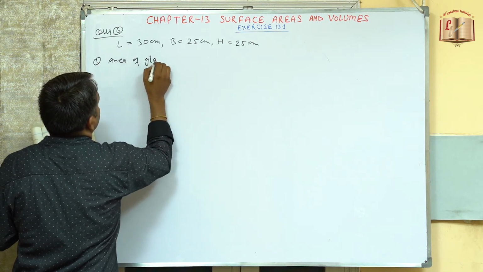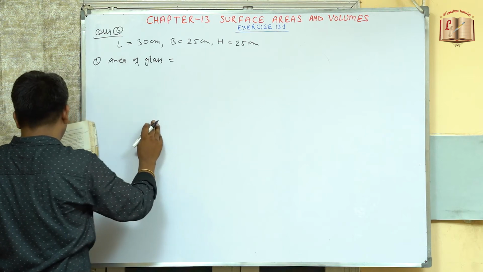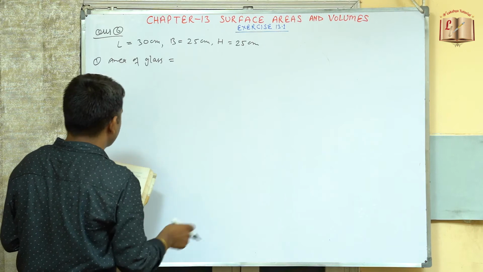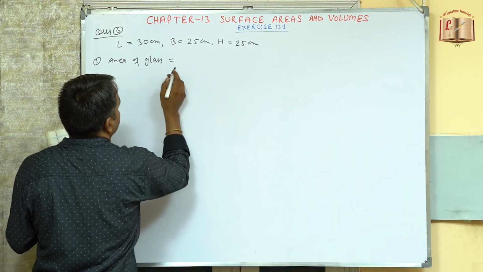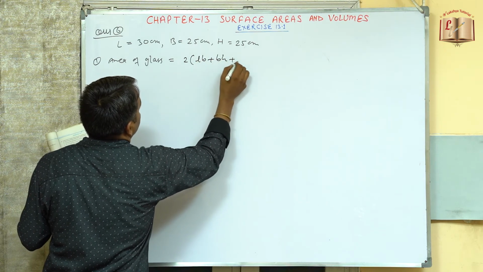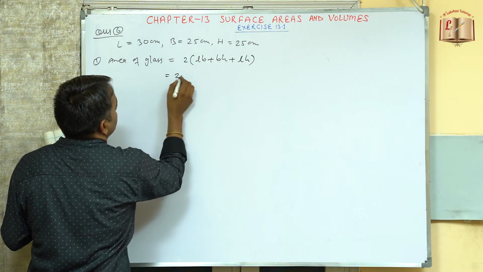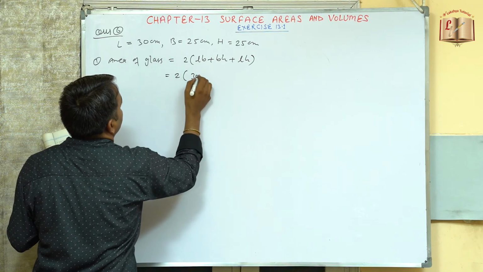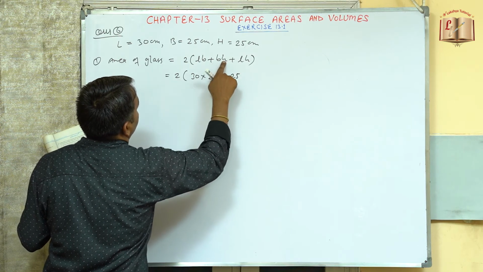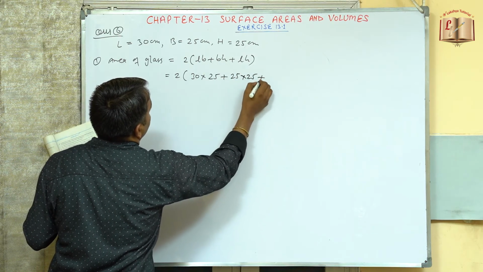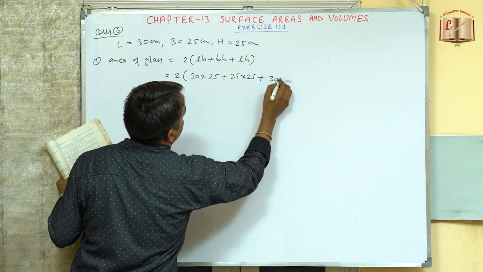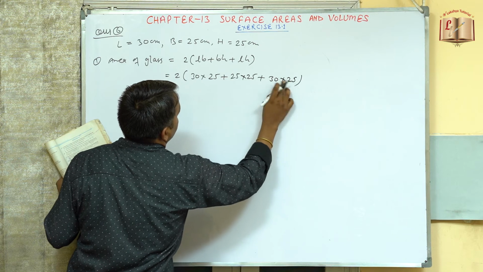It is now completely covered, entirely including the base, so it has all the sides. So this is 2 times (LB plus BH plus LH). So this is 2 times, length is given as 30 into width 25, plus width 25 and height also 25, plus length 30 into height 25.